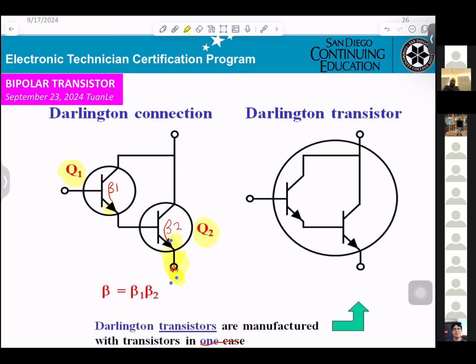Or when you're using an oscilloscope, the root of the oscilloscope, if it touches into this point, they burn it right away. So when you're working with a Darlington circuitry, you have to be very careful.